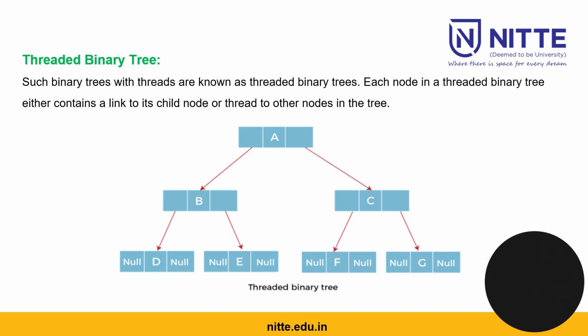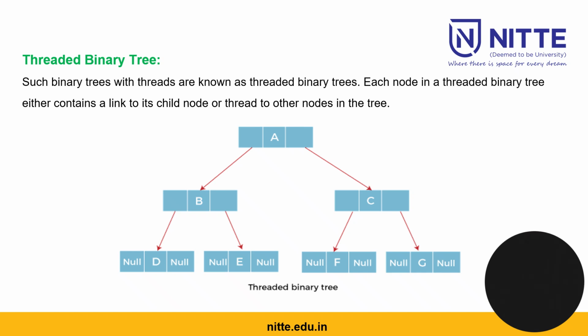Now we'll see the threaded binary tree. These are the binary trees with threads, which are also known as threaded binary trees. That means these are the trees with the threads. So that is why they are called threaded binary trees.